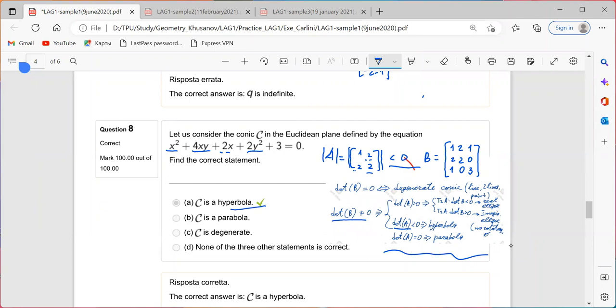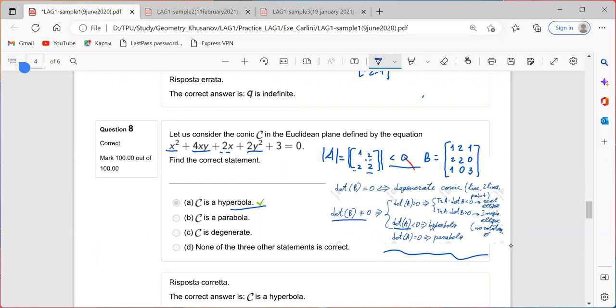If the determinant of A is 0, parabola. And if the determinant is greater than 0, it may be an ellipse or an imaginary ellipse. Okay, but now we are interested in whether this B is degenerate or not degenerate, for this quadratic equation.